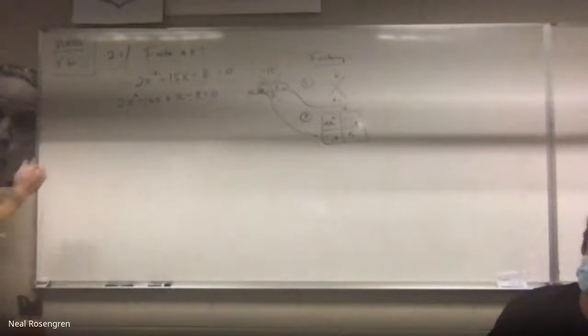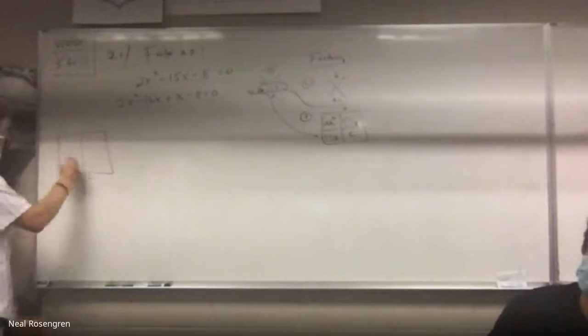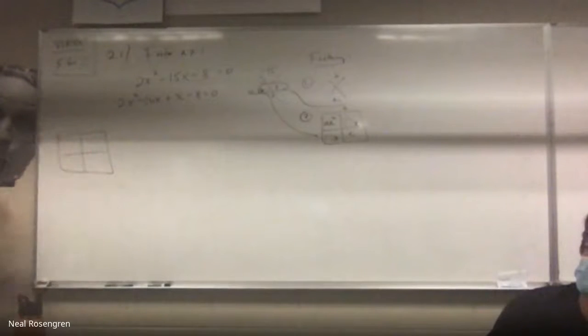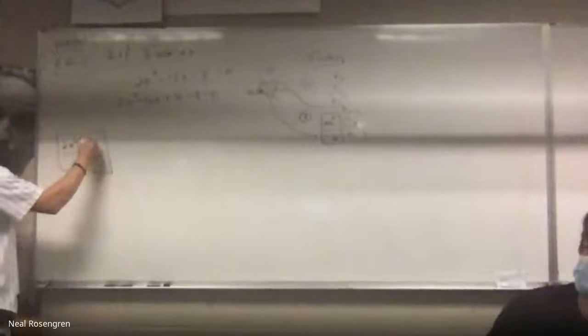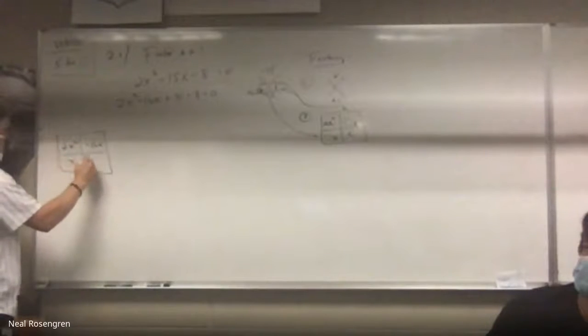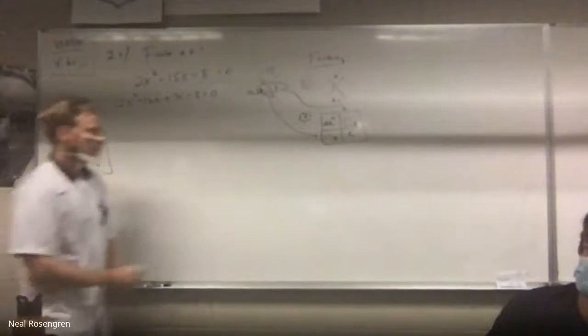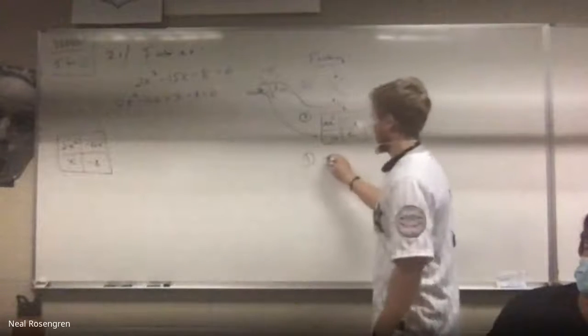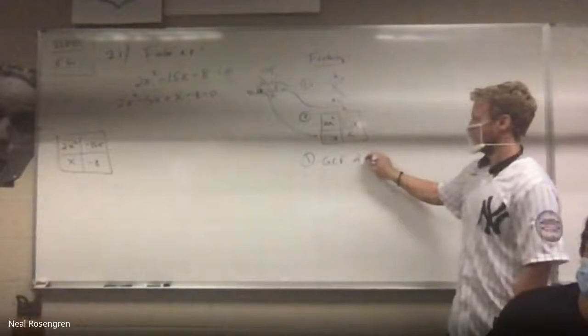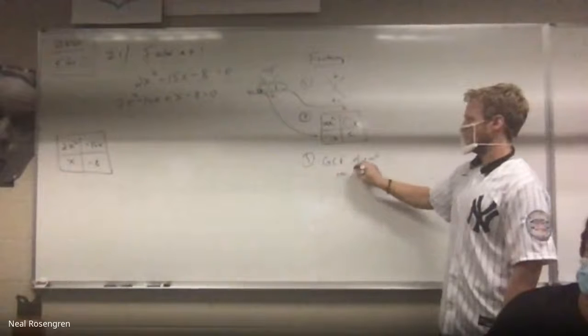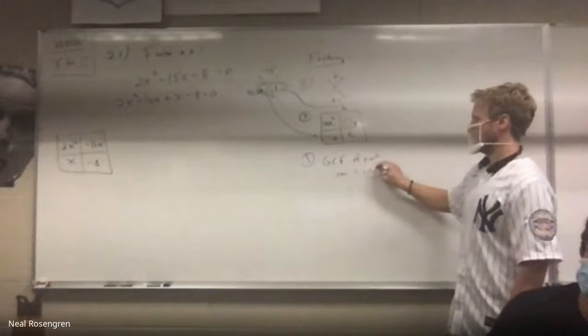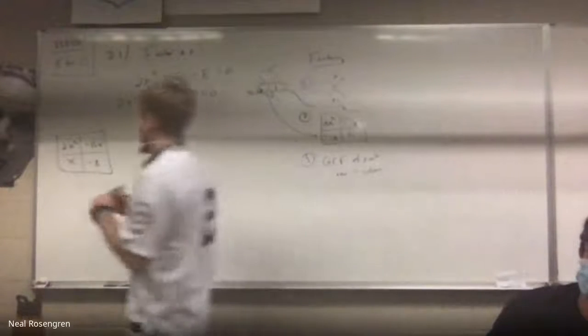And what's happening with the box that I'm going to do over here, I want to show you the algebra behind it because I want to be able to use that instead. So 2x squared minus 16x, positive x, and negative 8. We're going to find the greatest common factor of each row and each column. And whatever's on the outside, those will be our factors.